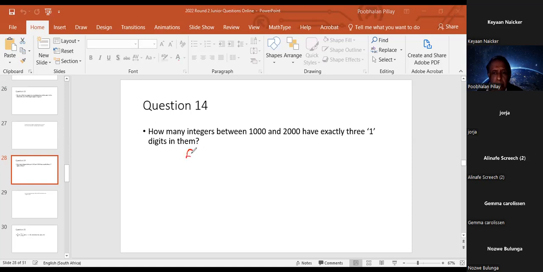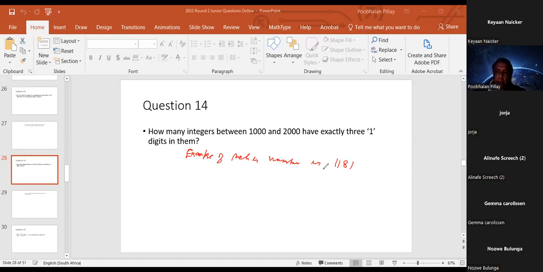So an example of such a number is 1181. It's between 1000 and 2000, and it's got exactly three 1s in it.